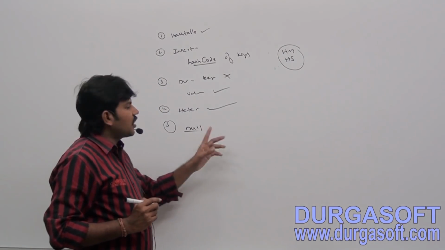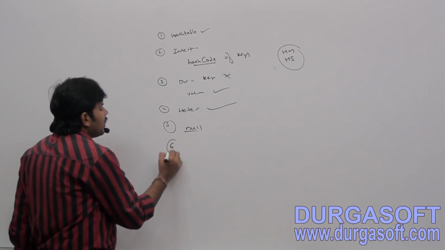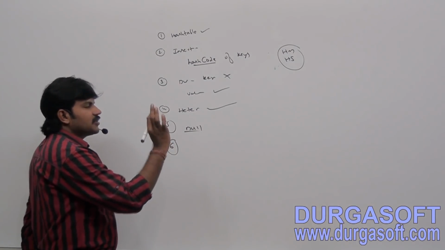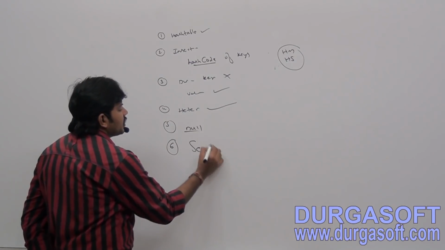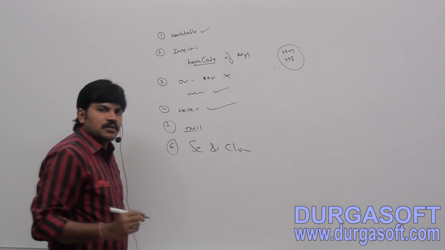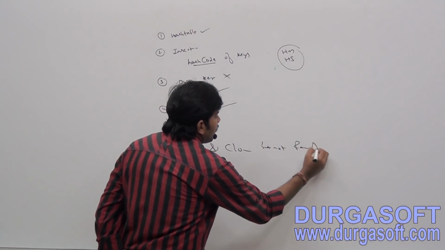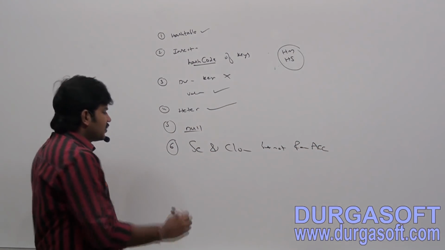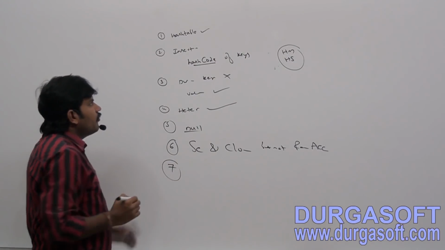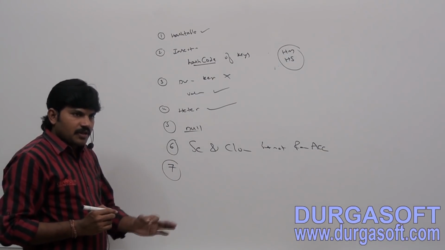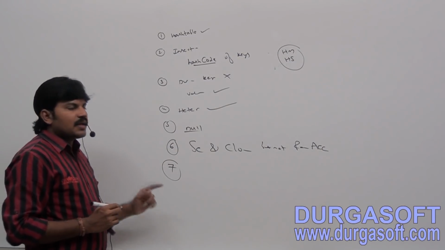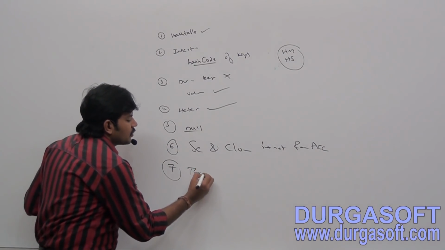Next, Hashtable implements Serializable and Cloneable, but not RandomAccess. Next, every method present in Hashtable is synchronized, and hence the Hashtable object is thread safe.